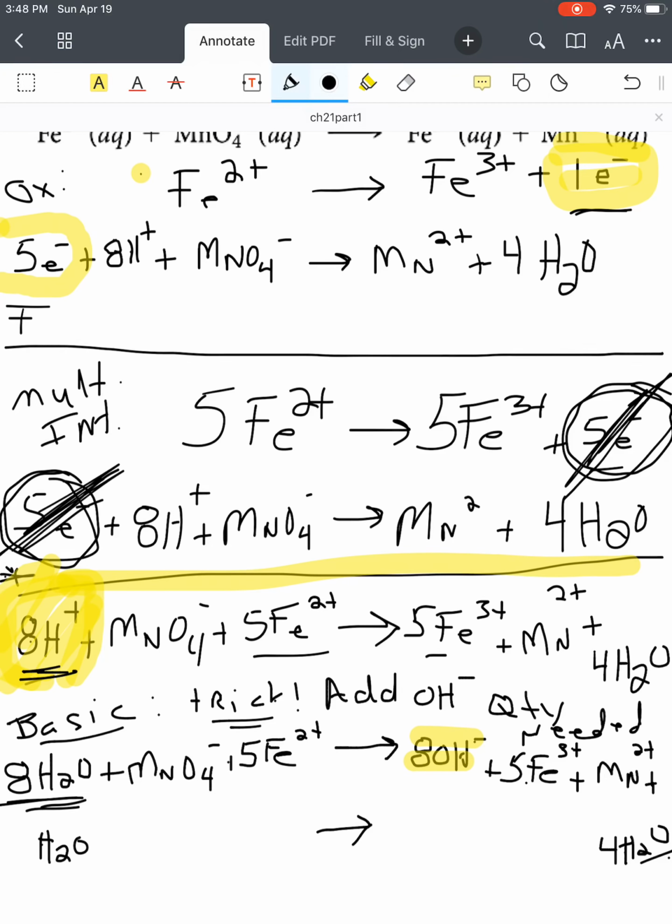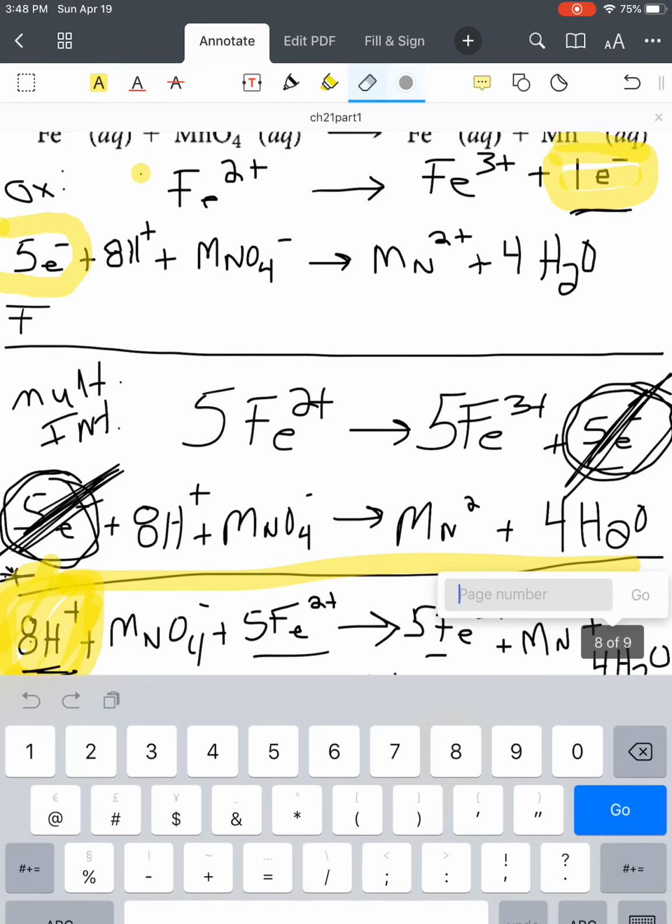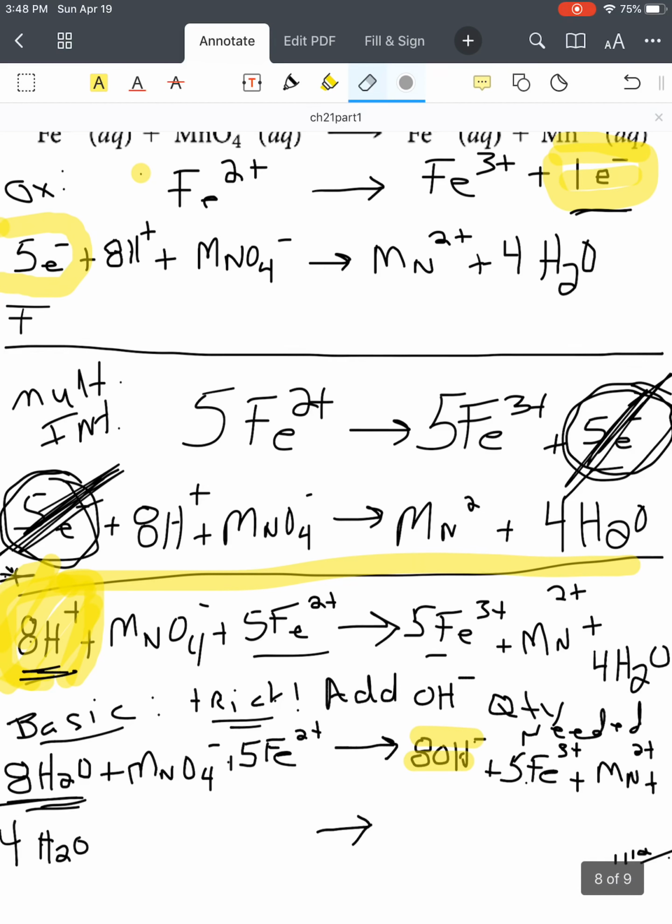So I had 8 being used, but then I got 4 back. So I'm basically going to erase this 4, and then only account for a net change of 4 on the left. And everything else comes down.